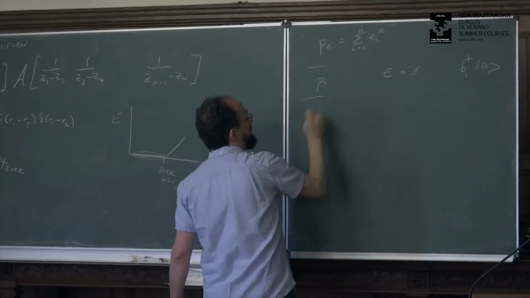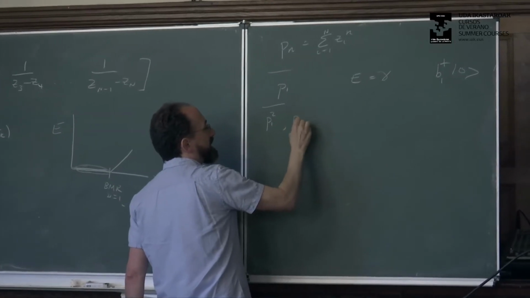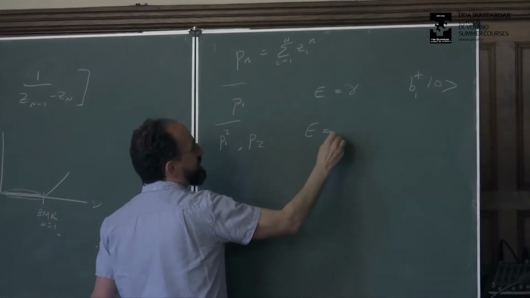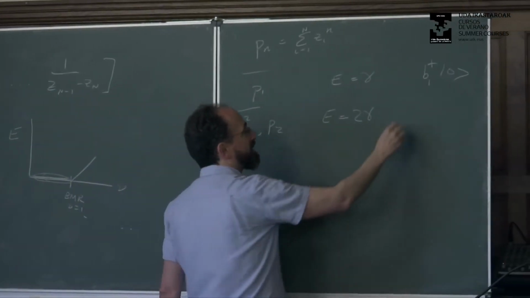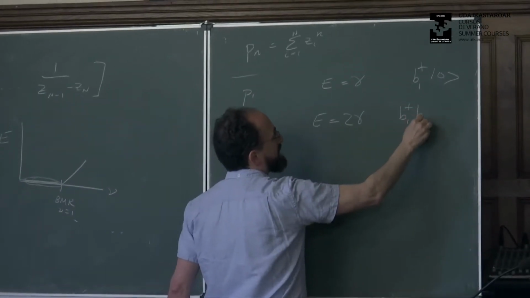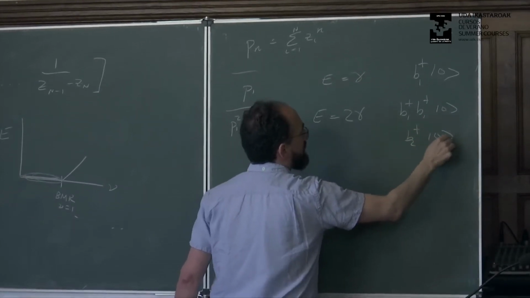At 2 units of angular momentum, I can write down either p1 squared or p2. This is 2 units of angular momentum, so its energy is 2 gamma. I could write this down as either b1 dagger b1 dagger on 0, or b2 dagger on 0, and so forth.